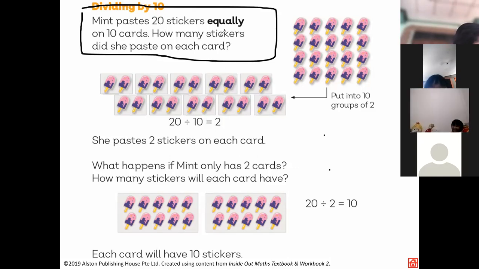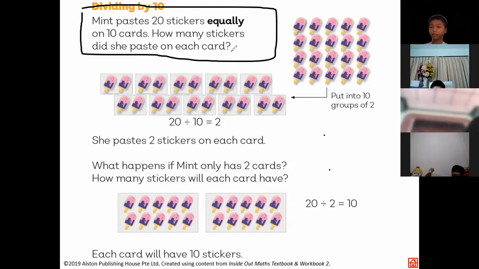How many stickers does she paste on each card? Okay, thank you, Perm.